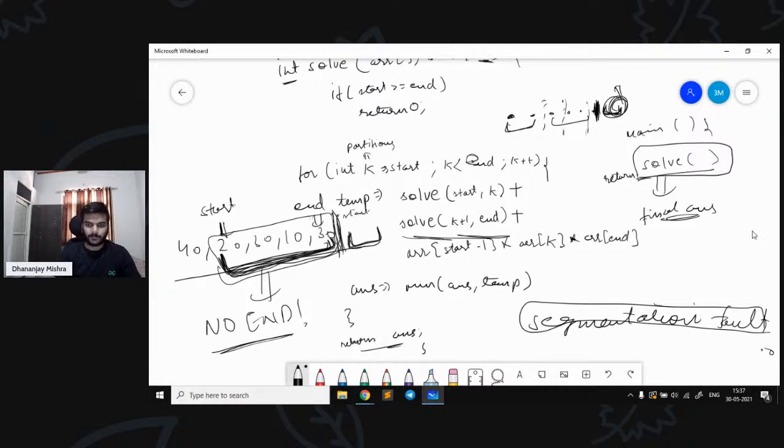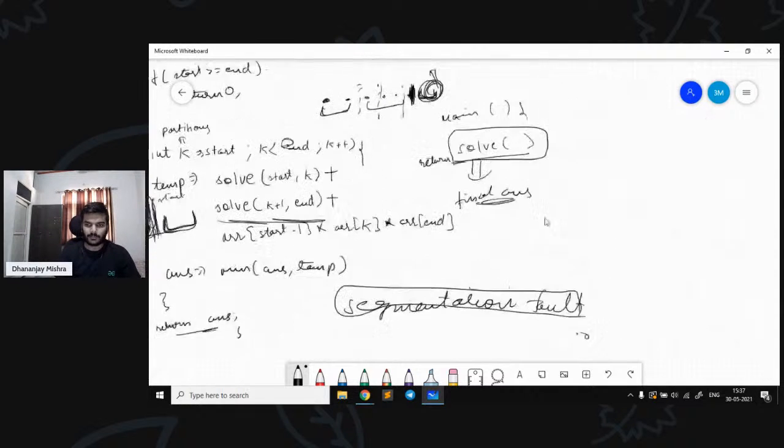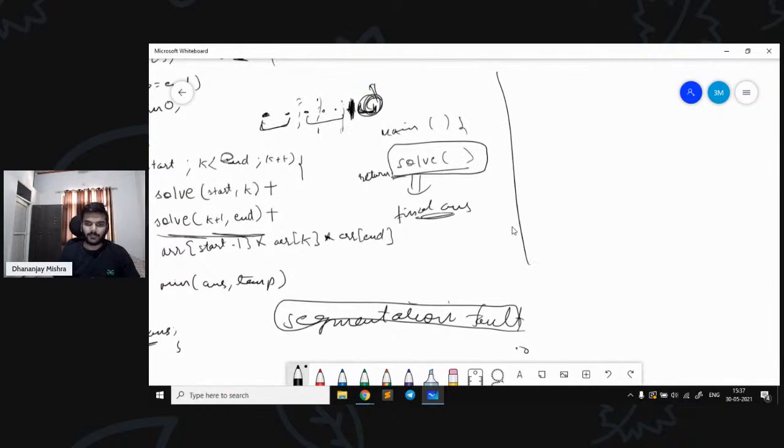Let me show you again why it will work, right? So if I have this one, 40, 20, 30, 10 and 30, I am not iterating my partition till this one. I am iterating my partition till this one. So I have this one, right? So it will fetch me 0 because this will be my start and this will be my end. So it is a single dimension, right? It will fetch me 0. Cool. Now my range is this.